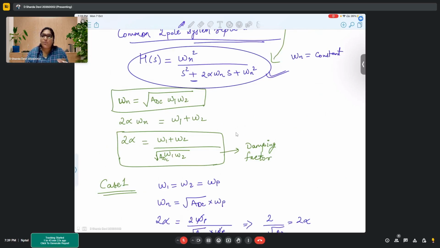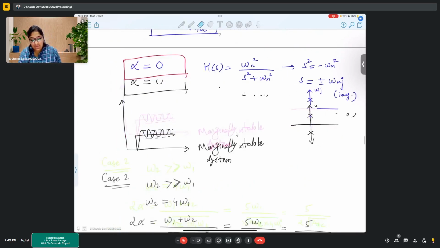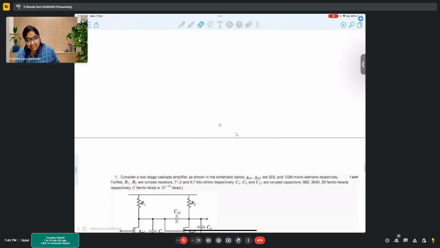So when you find the pole of that system, it will give you a positive pole, that is a right hand side pole, which will definitely make your system unstable. So just by looking at the transfer functions, we comment on the stability. The whole idea of this analysis was that.